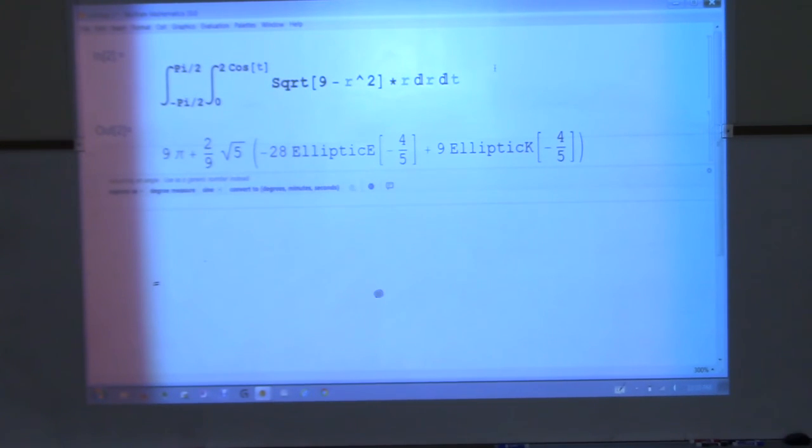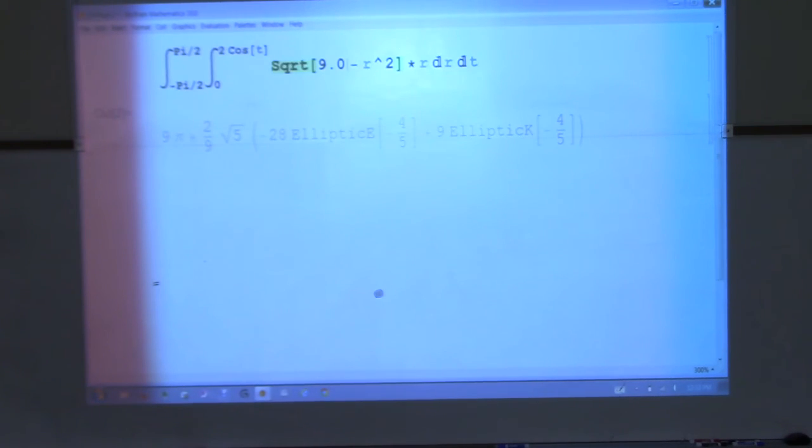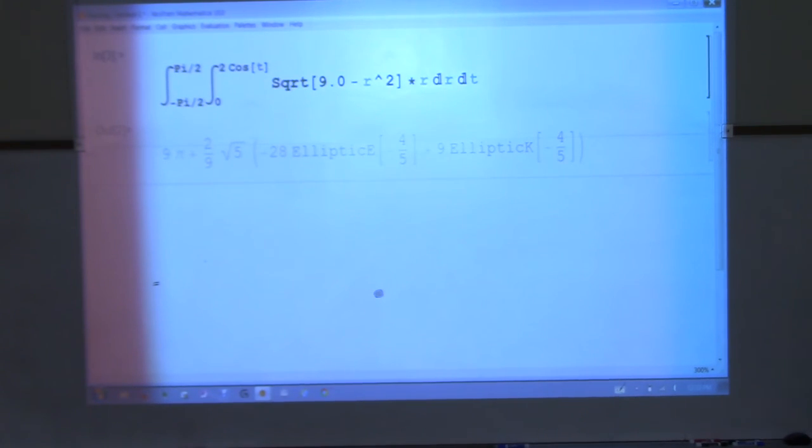I should have put a decimal. Hold on, I need to turn one of these into a decimal. Still going. Oh, there we go. Oh, it's got imaginary numbers in there. Yeah, but that's a problem with the computers.